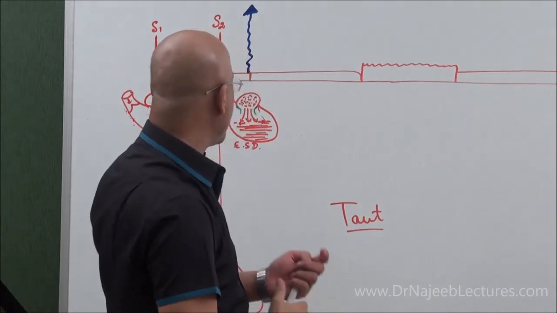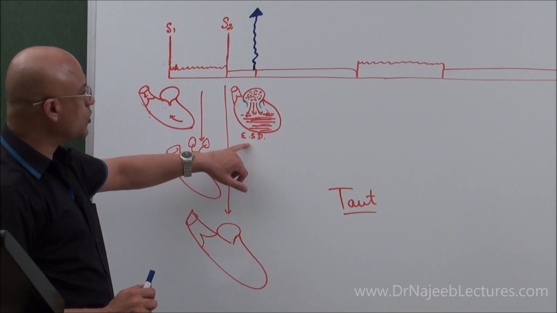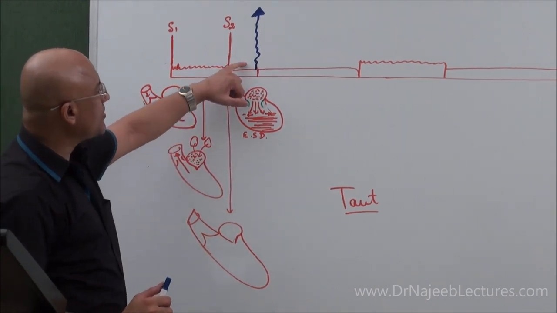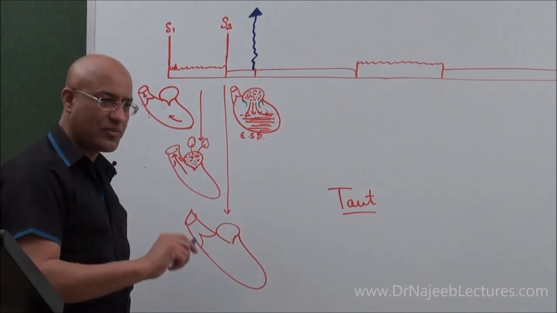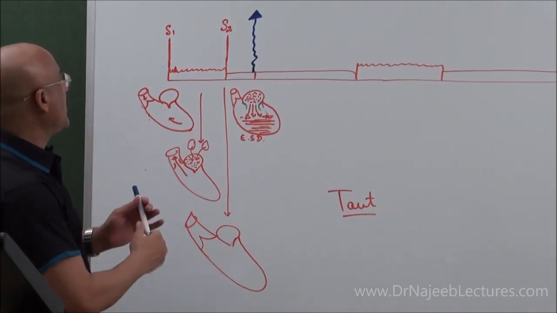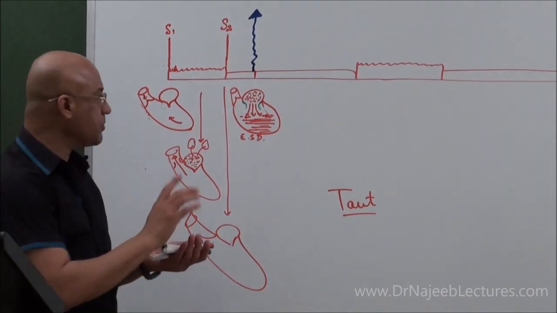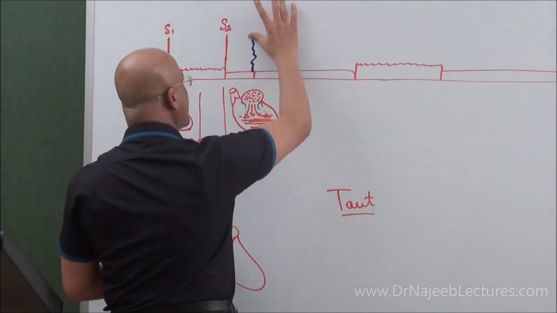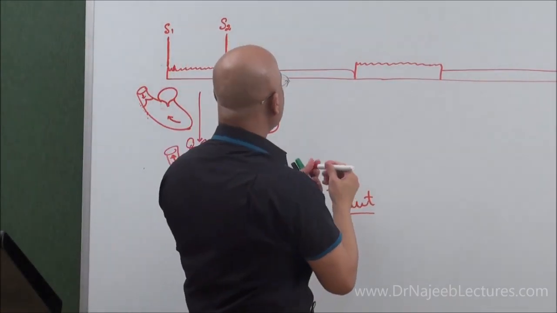Is that right? Now, this third heart sound, as I told you, is in early diastole. How will you hear it? Now listen carefully. Normally, if there is no third heart sound, there is only S1 and S2, then what will you hear?